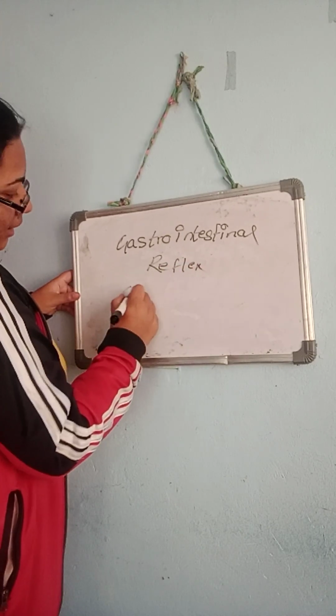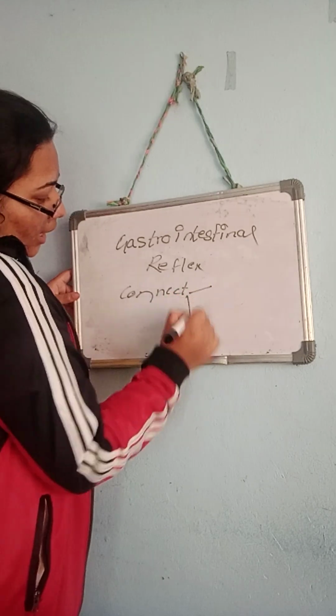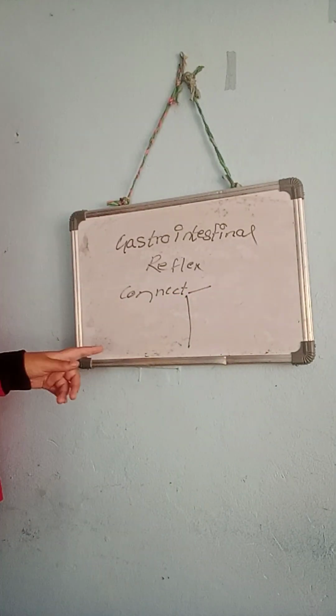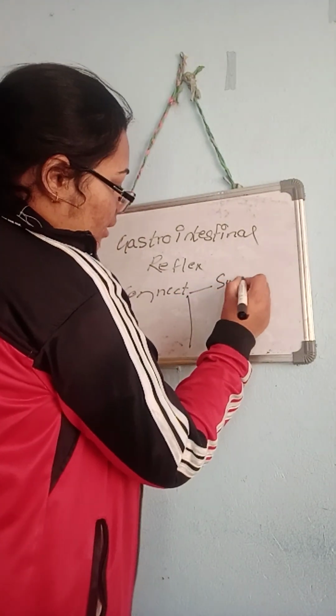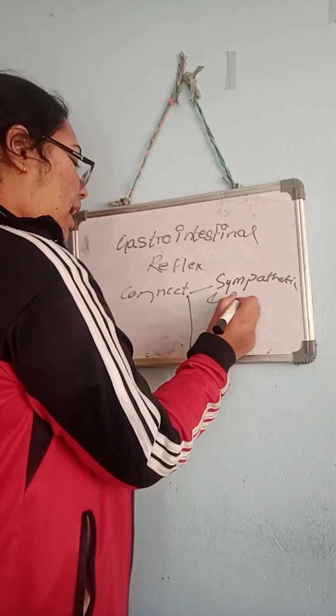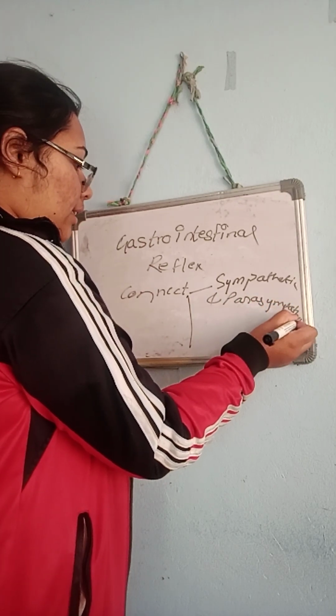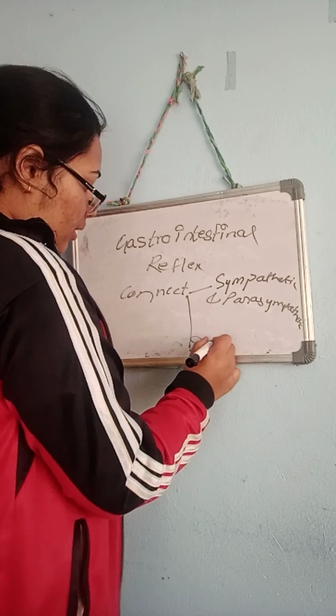It is the connection between two things, firstly the sympathetic and parasympathetic nervous system, with the enteric nervous system.